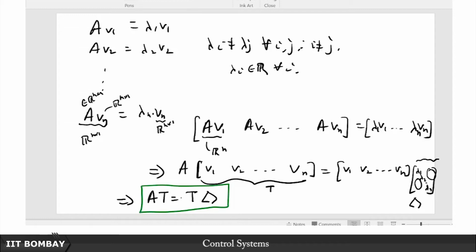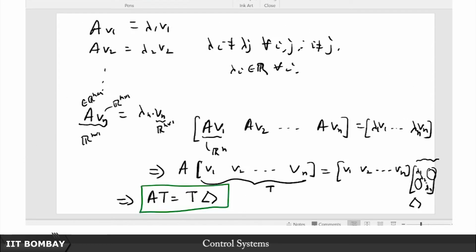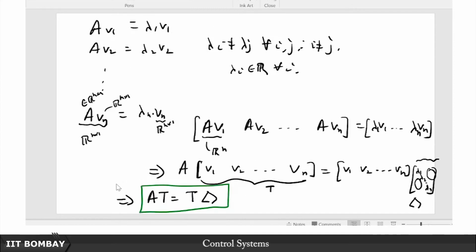So I need to at least show that these eigenvalue eigenvector equations that I have written here are such that, if it is diagonalizable, then that is tantamount to saying that I am at the last step now. The one missing piece in the puzzle is if I show that this T is non-singular, that is, it is invertible, then I will be done, right. So that is all that needs to be shown.